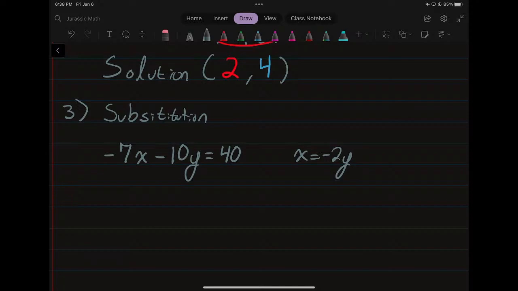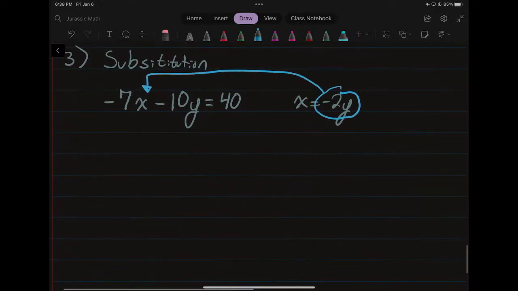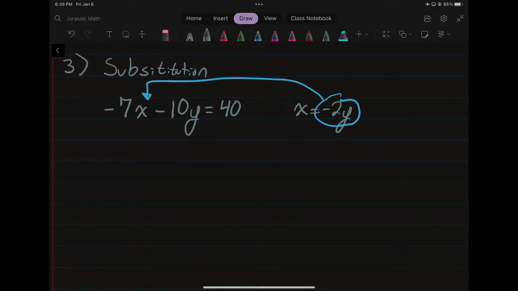All right. So this time the x can equal something. Since the x is by itself over there, I'm going to take that blue circle and bring it all the way in for this x over here. So if I write down my equation, negative 7 parentheses, negative 2y, minus 10y equals 40.